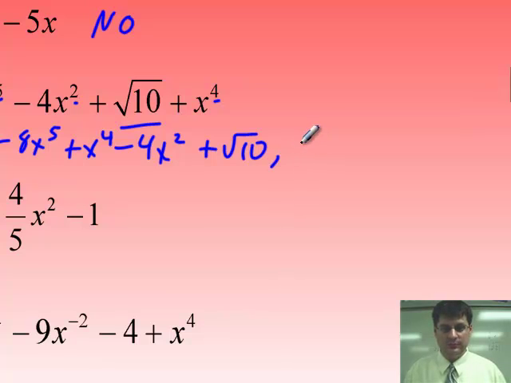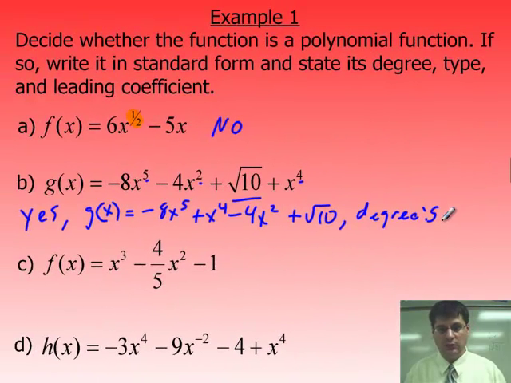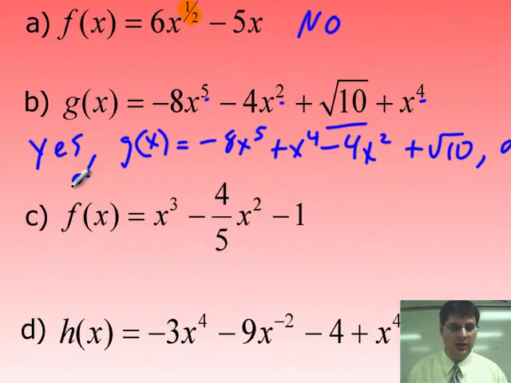So the degree on this is 5, and so we just say this is a 5th. So anything beyond quartic, I'm not going to make you know the name. We'll just call this a 5th degree polynomial.